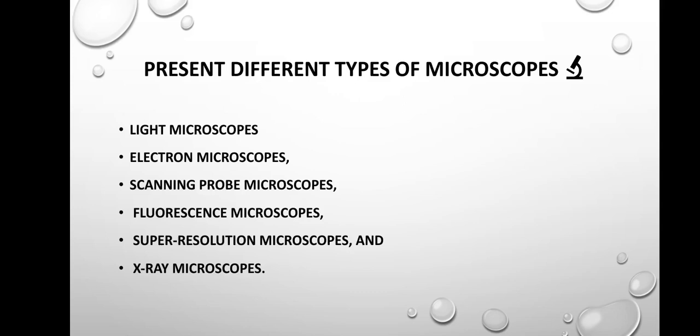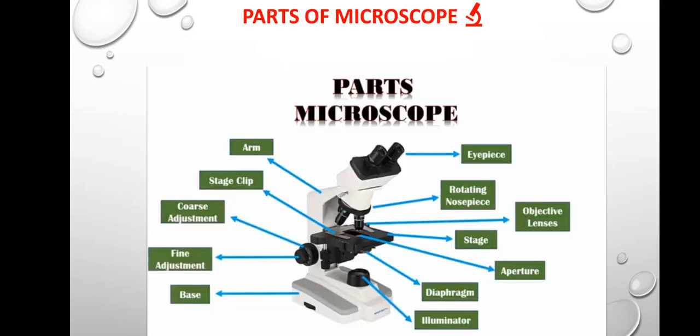Now, let's move on to the different parts of microscope. All microscopes have common basic parts, and these are eyepiece, rotating nosepiece, objective lenses, stage, aperture, diaphragm, illuminator, arm, stage clip, coarse adjustment, fine adjustment, and base.